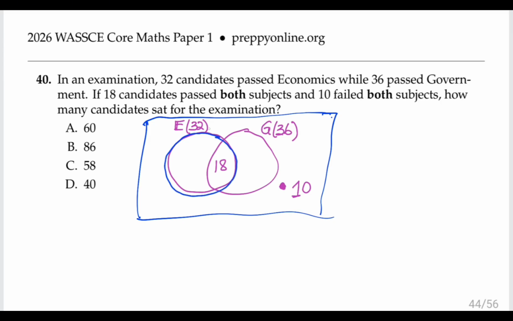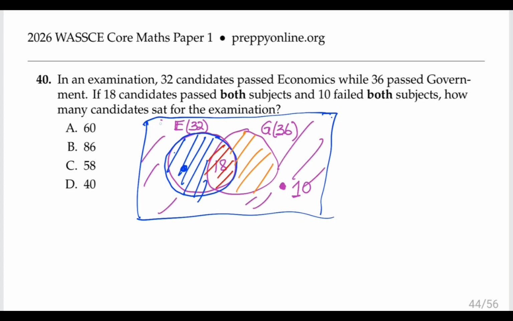Or we can think of it as the people in this area. So that's this. Plus the people in this area. Let me shade in a different color. And then the people in this area. And then the people in this area also. So everything outside here. This is those who failed both subjects.